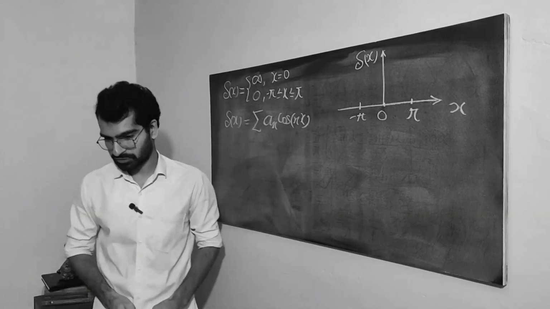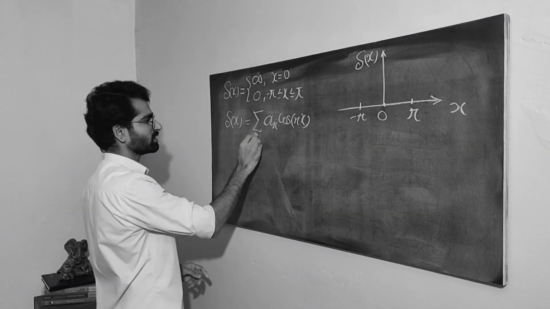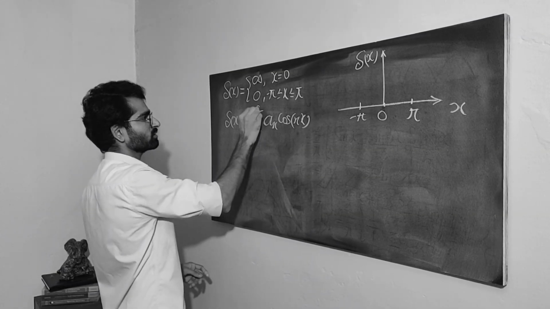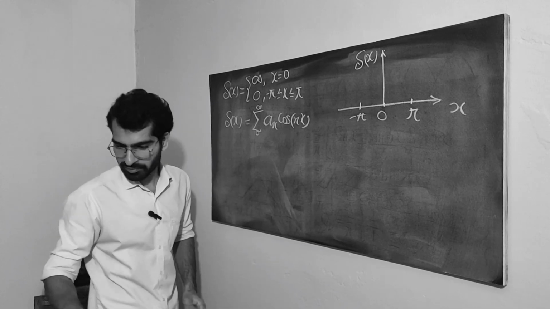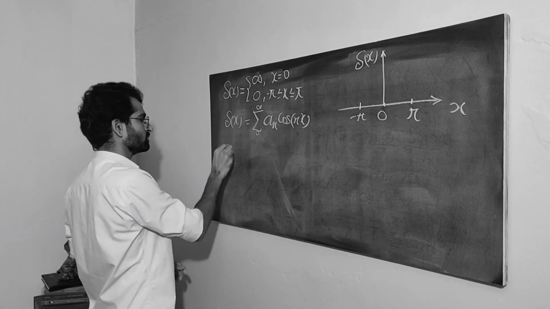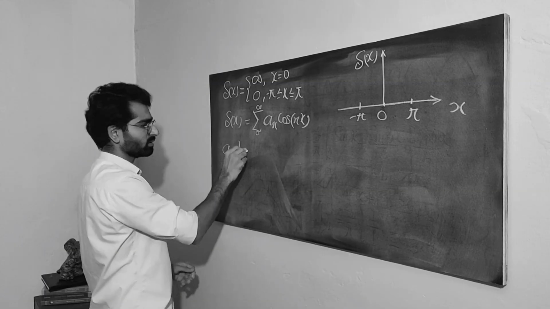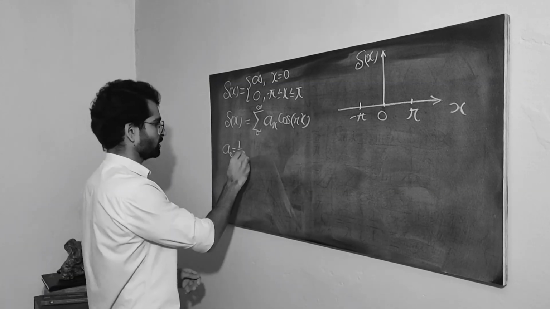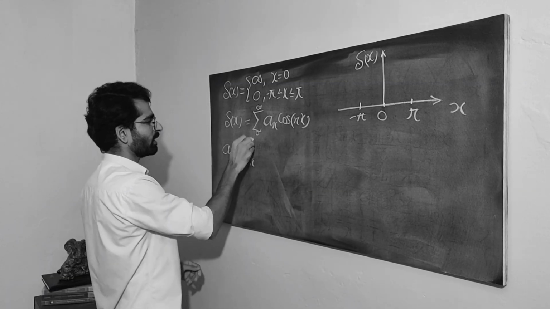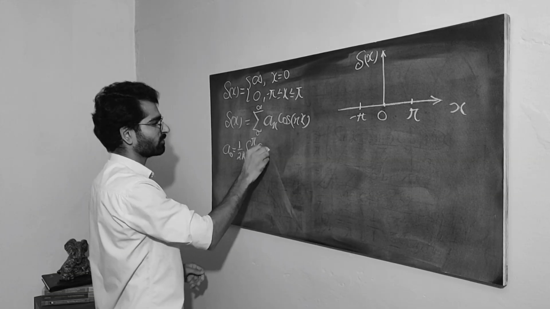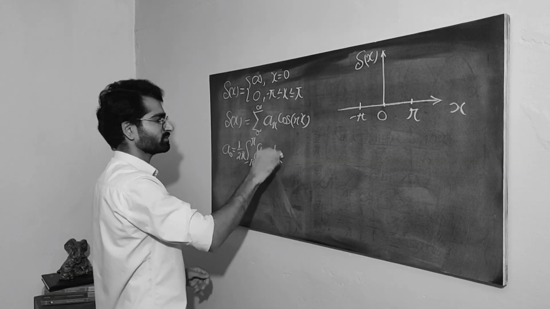And so let me first find you a0, and this sum goes from 0 to infinity, of course. Let me find you first a0, which is 1 over 2 pi, right? Yes. The integral from minus pi to pi of my function, the delta function, dx.